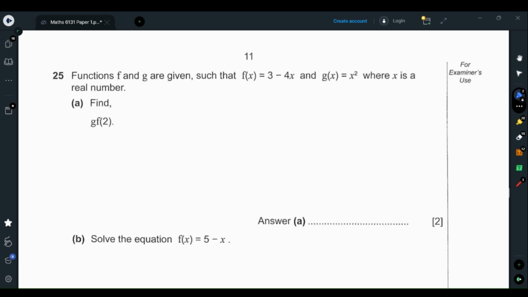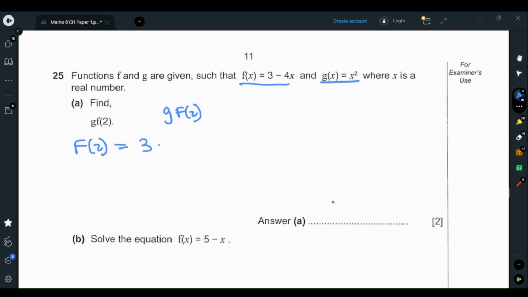Okay, now 25. Functions f and g are given such that f of x is 3 minus 4x and g of x is x squared, where x is a real number. Find g f of 2. So first you need to find what's f of 2.